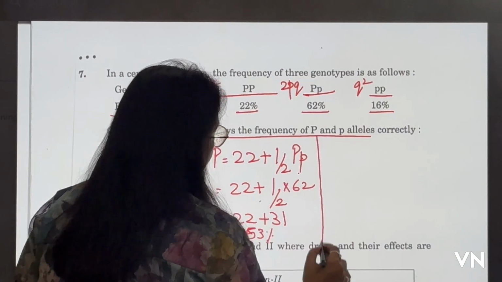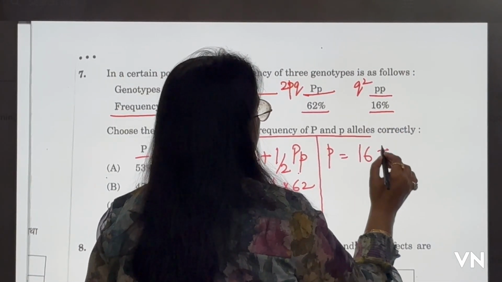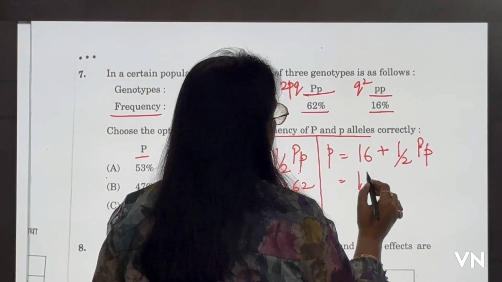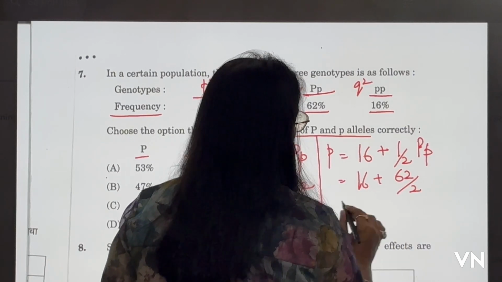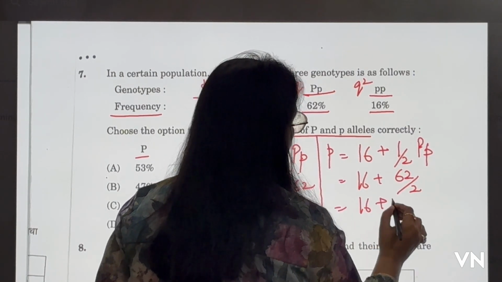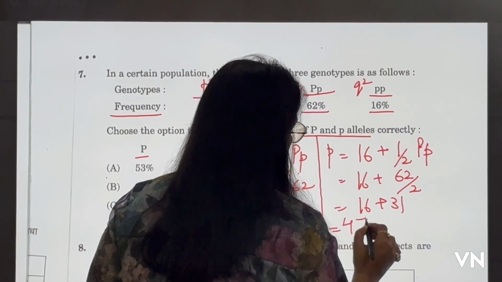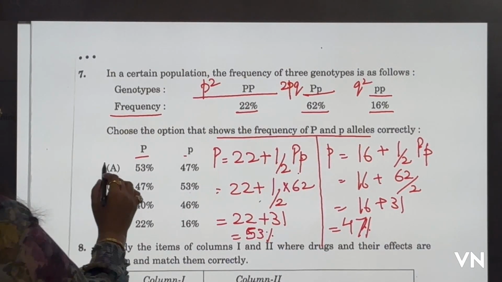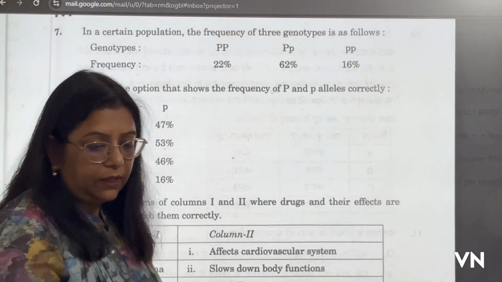And the value of small p will be 16 plus half capital P small p. 16 plus 62 divided by 2, that is 31. 16 plus 31 is equal to 47%. So this option is correct, 47%.